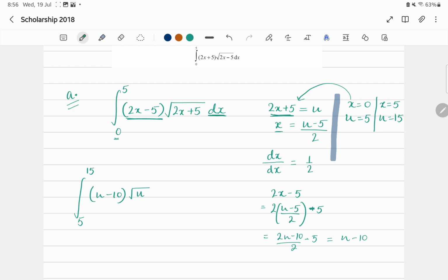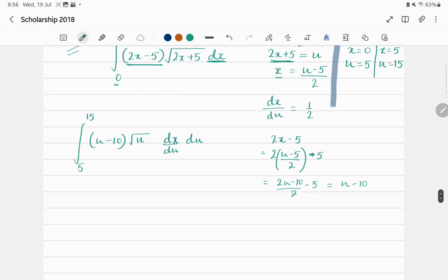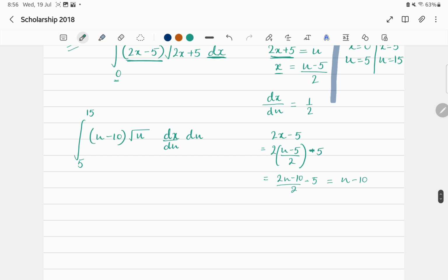To get rid of dx, we use dx over du. When we are integrating here, we are integrating the x value, so it's dx. But here we are integrating u, so we need du in the end. We have dx, so we use dx over du to get rid of that dx, and we have that value as well.